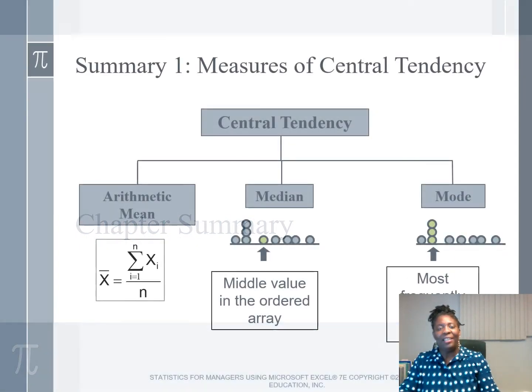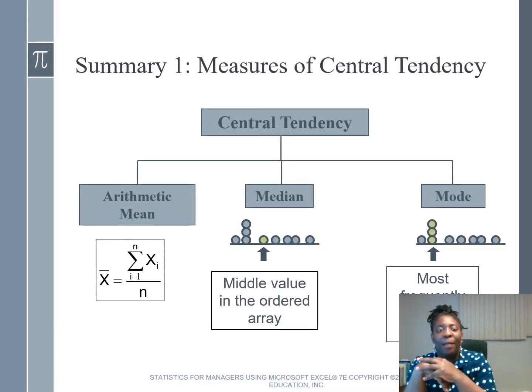So in this chapter, we've talked about measures of central tendency: arithmetic mean, the median, and the mode. Mode, most likely value. Median, the value in the middle of the distribution. 50% of the values are above, 50% below. The mean is the average, the sum of all numbers divided by n.